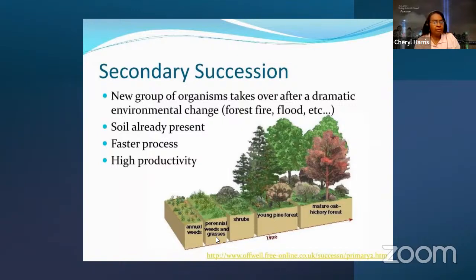And then you have the annual weeds and grasses that can grow taller, which will lead to shrubs, and then your young pine forest, and then a healthy hickory forest. Okay, so this is faster because there's already soil present. The other one had to create soil. Okay.